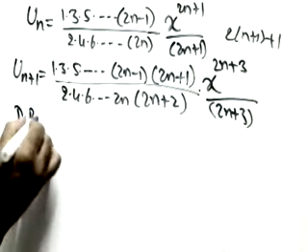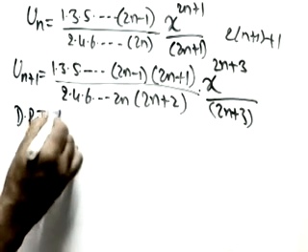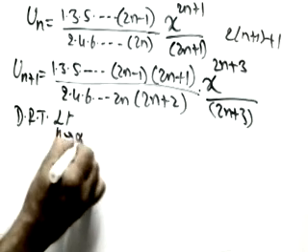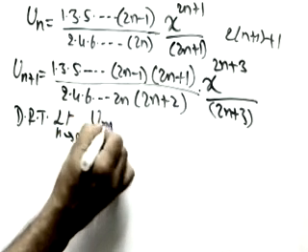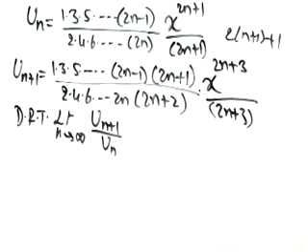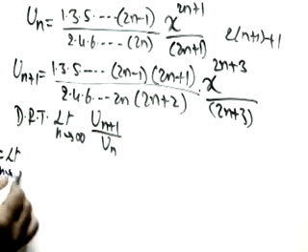Now the next step is we have to use D'Alembert's ratio test. The formula is limit n tends to infinity of un plus 1 by un. So what is un plus 1?